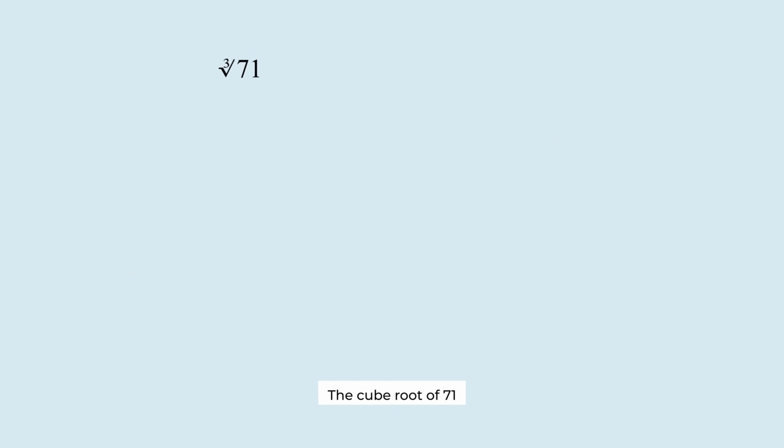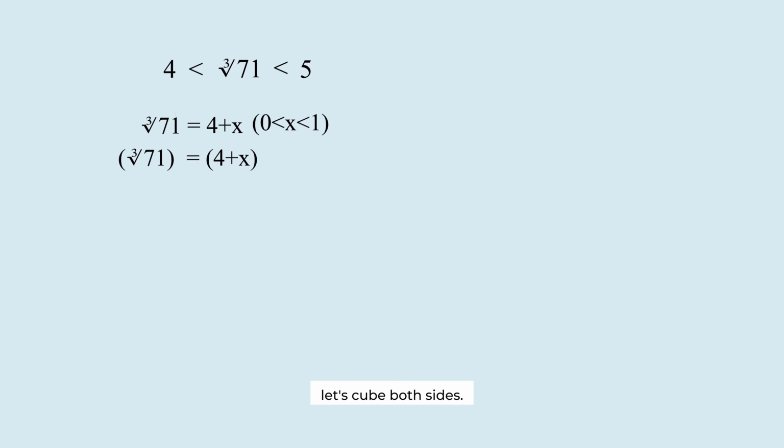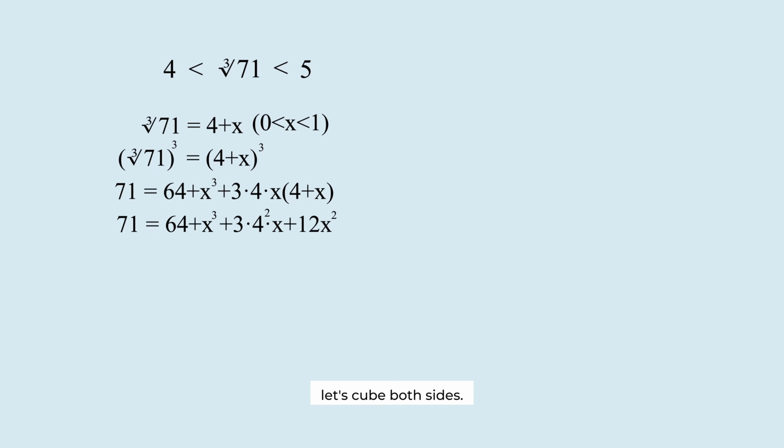The cube root of 71 is between 4 and 5, so we write it as 4 plus x. To find x, let's cube both sides. This gives a cubic equation for x. As x gets closer to 0, what happens to x squared and x cubed?